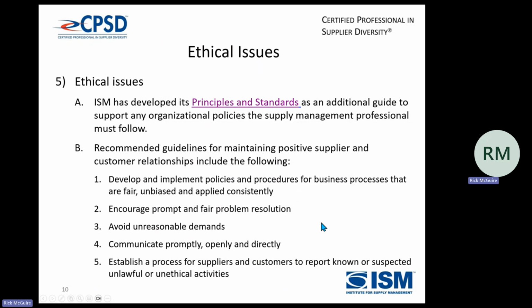Recommended guidelines for maintaining positive supplier and customer relationships include the following. Develop and implement policies and procedures for business processes that are fair, unbiased, and applied consistently. Encourage prompt and fair problem resolution, avoid unreasonable demands, communicate promptly and openly, and establish a process for suppliers and customers to report known or suspected unlawful or unethical activities.